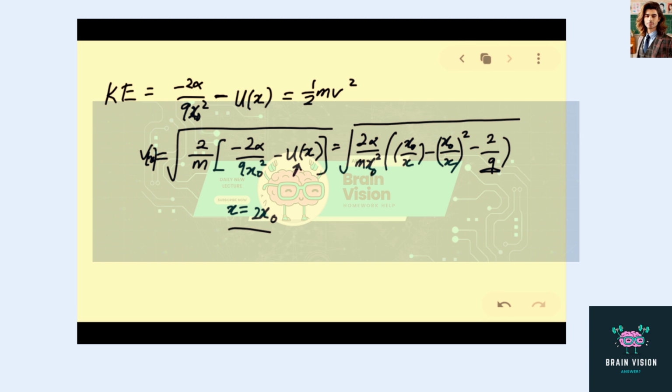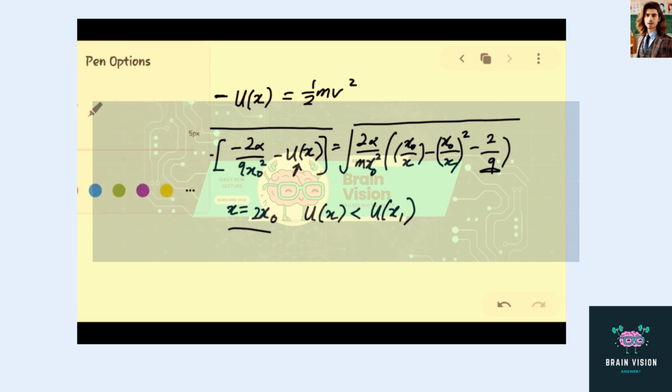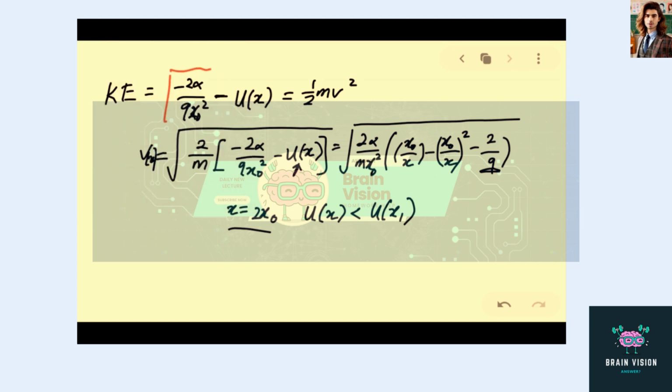However, the particle is now confined to a region where u(x) must be less than the total initial energy, which is u(x1), or basically this value over here, right?